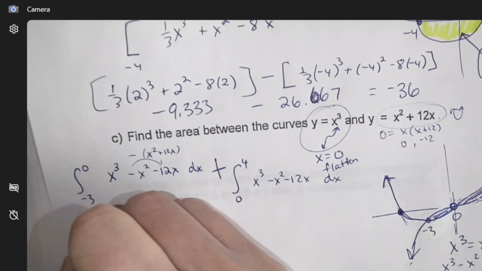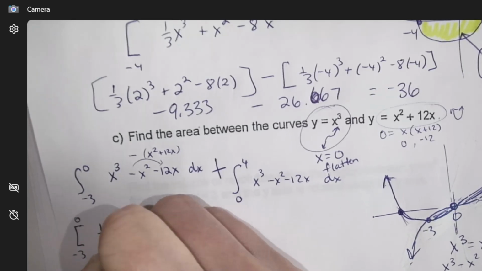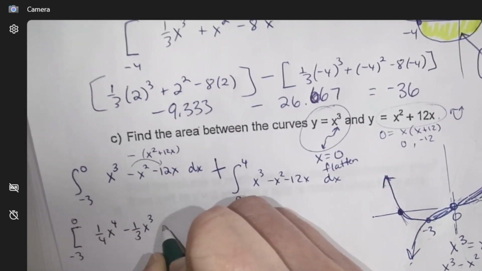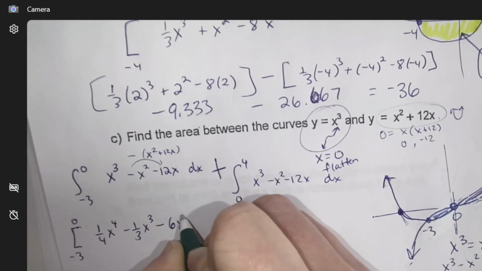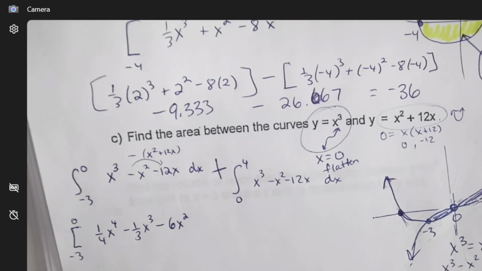All right, so we're going to go with the same equation though. So 1/4 x to the fourth, 1/3 x cubed, 6x squared. But the good news is you get to plug a 0 in, so that cuts off half your work.